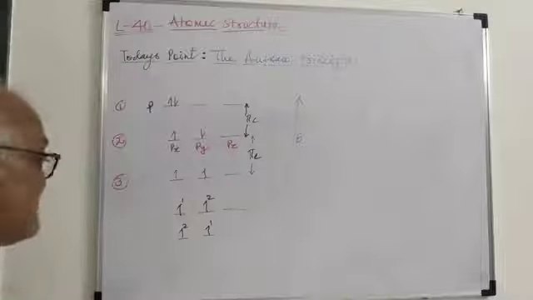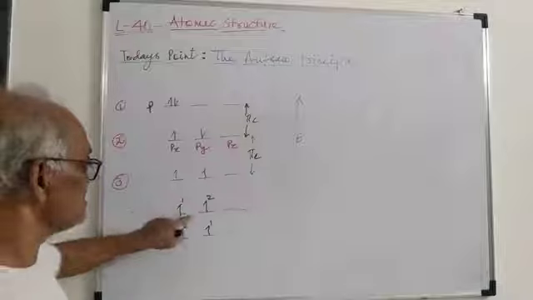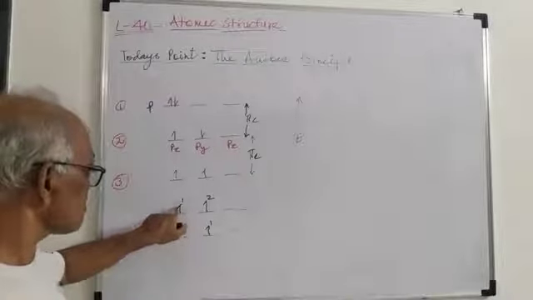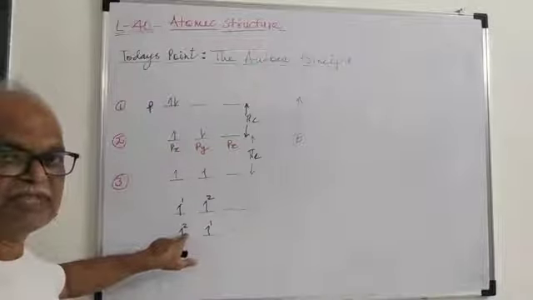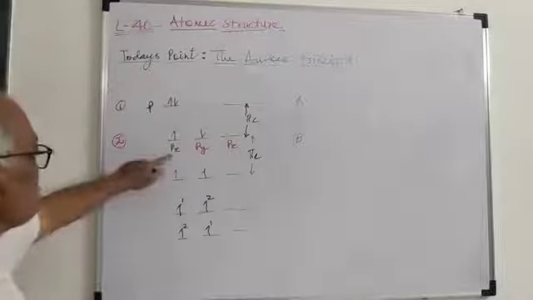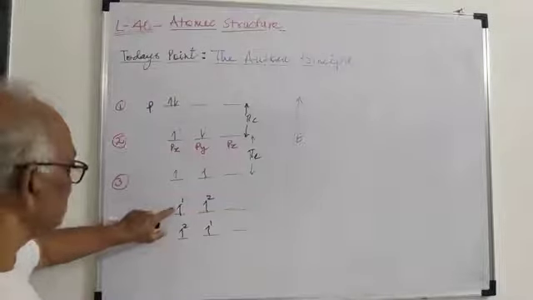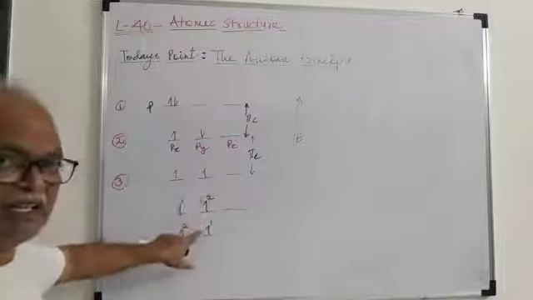Electron number 1 was placed here, but now electron number 2 goes into the first atomic orbital, px, and electron number 1 goes into py.